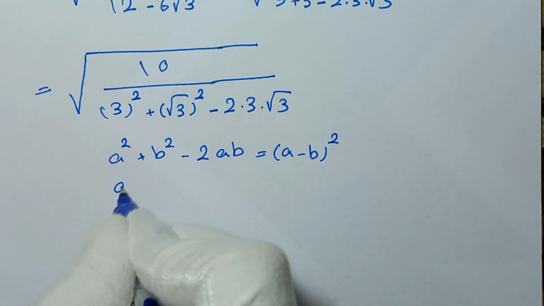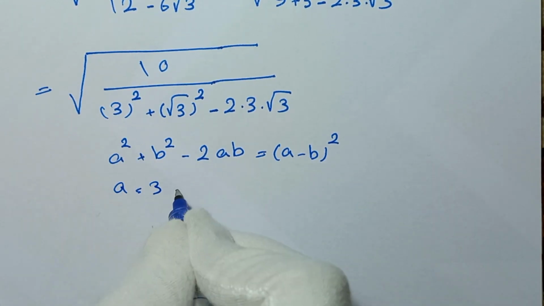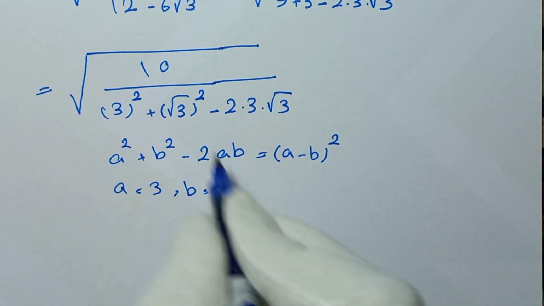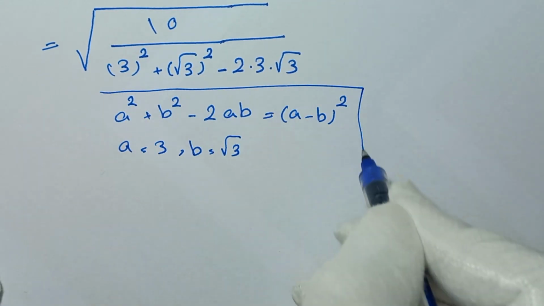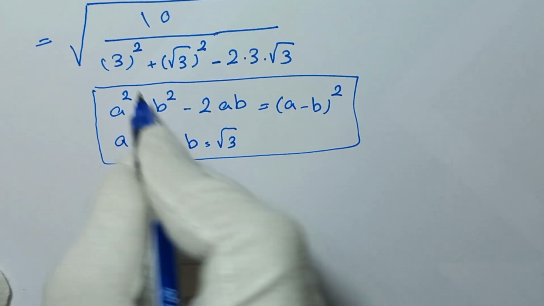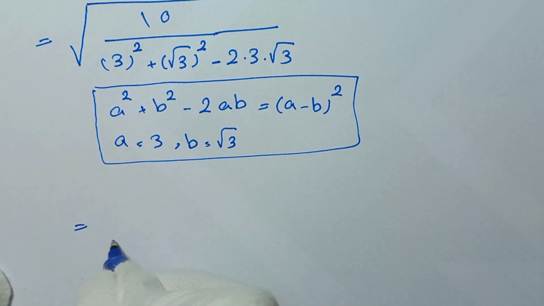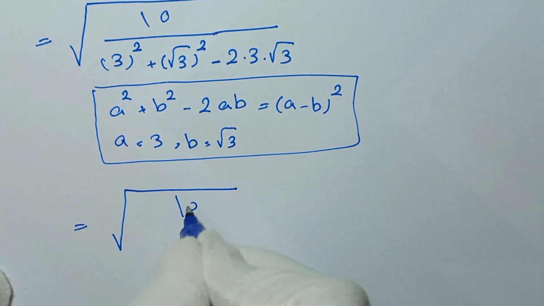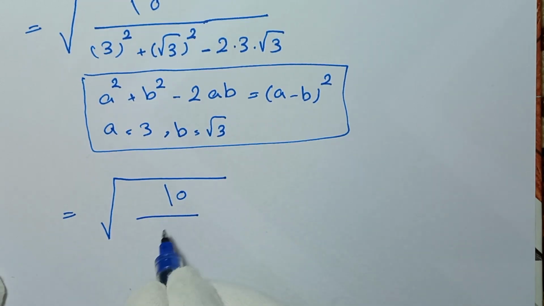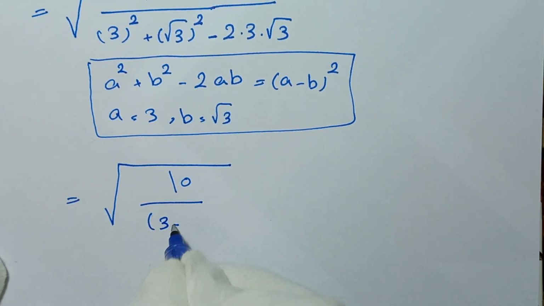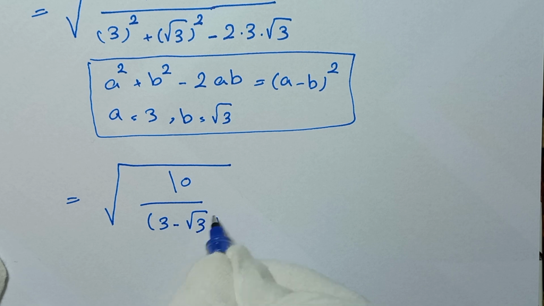Which is a is 3 and b is square root of 3. So here we can write this as square root of 10 over a minus b to the power of 2. It will be 3 minus square root of 3 to the power of 2.